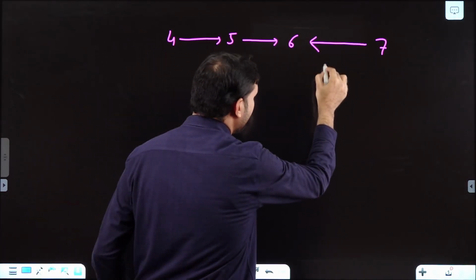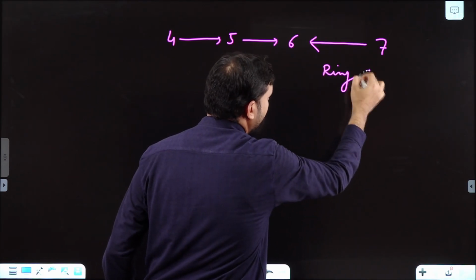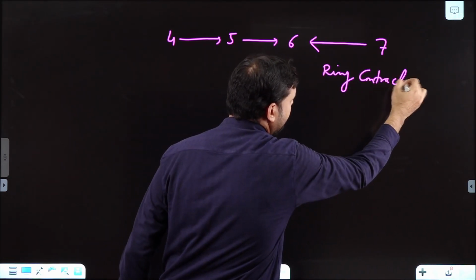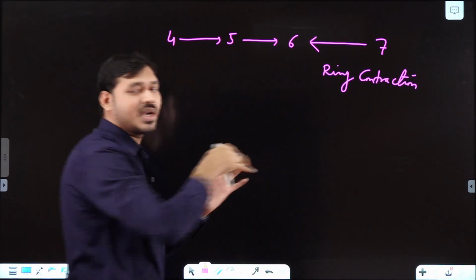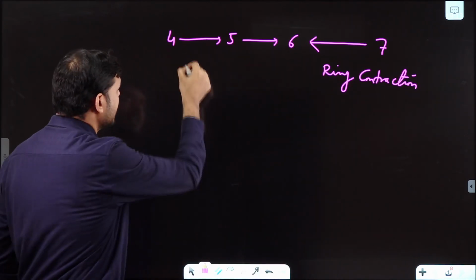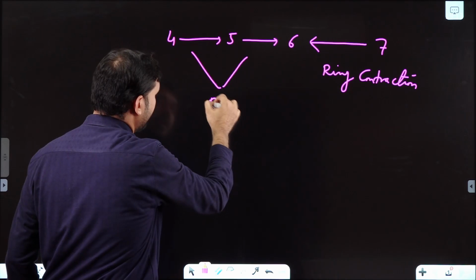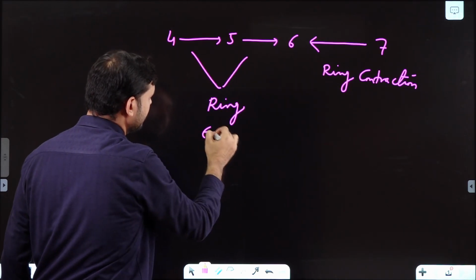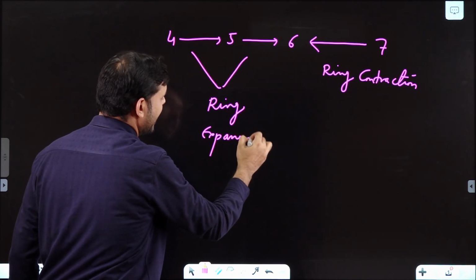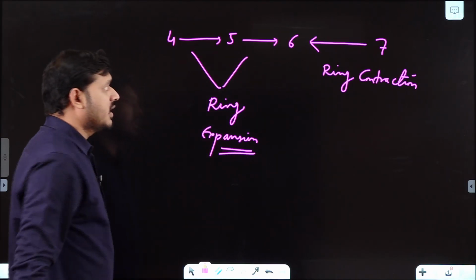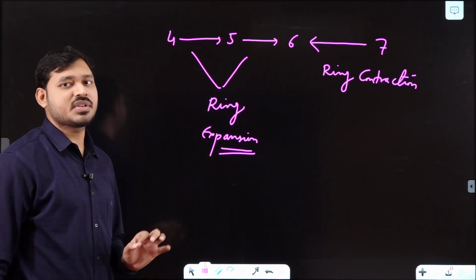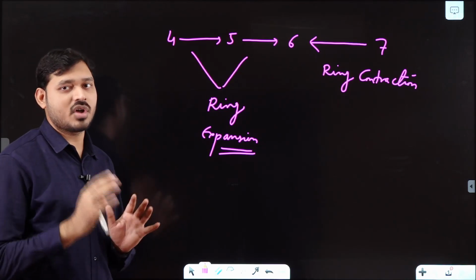So this is your ring contraction. Why? Again to attain stability, okay? And this part is your ring expansion, okay? There are very few cases of ring contraction actually which are found or studied in organic chemistry.